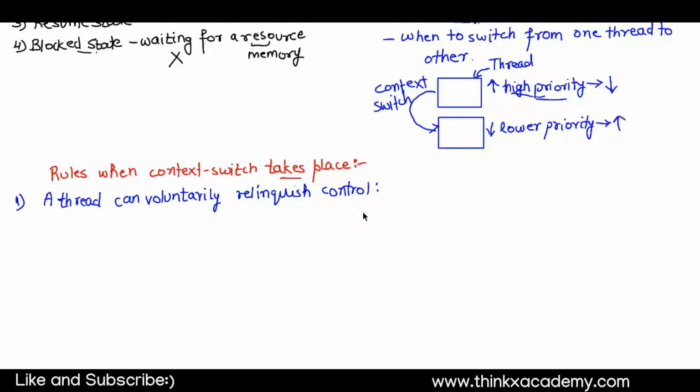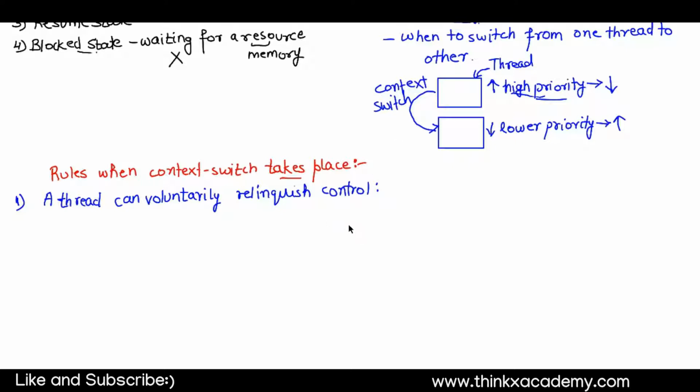Control means the thread is having the control, and voluntarily means that it can control when it should run. It can control the whole priority thing by itself. Let's see how.